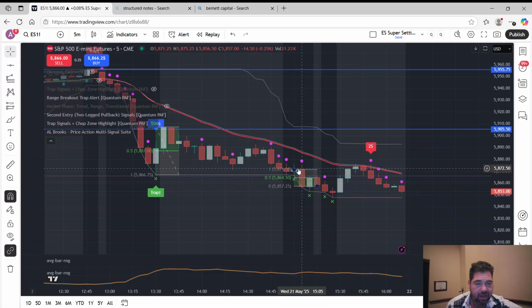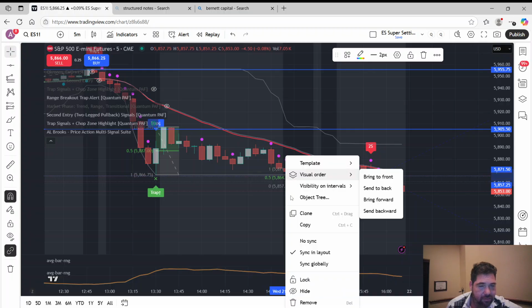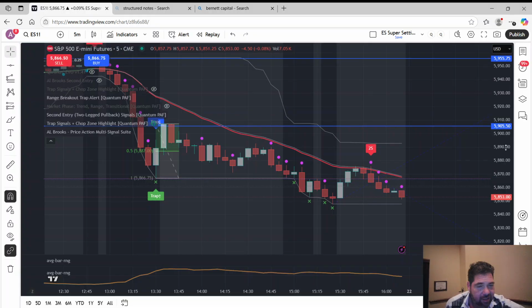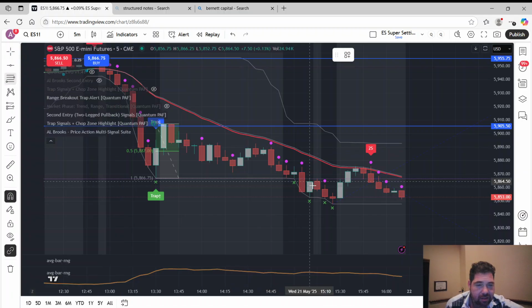Let me just remove this Fibonacci here so you could see it better. This actually would not have resulted in a profit had you bought into this breakout. But even if you did buy into this breakout, let's see if you could save yourself.